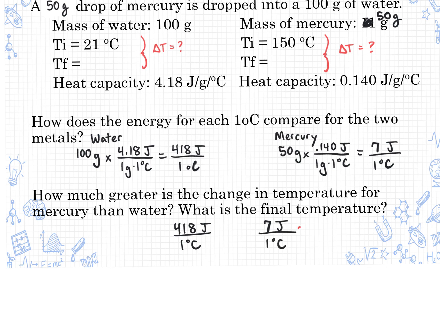And we're saying, well, how much bigger is this than this? So 418 divided by 7 is basically 60 times more change in temperature for the mercury. The mercury is just going to have a lot bigger temperature change.